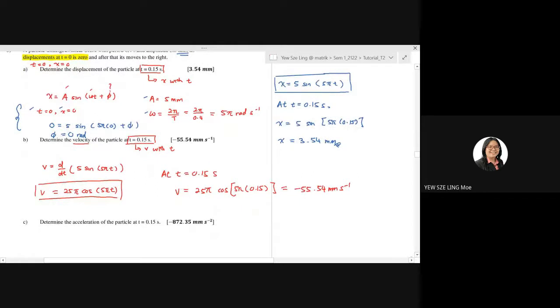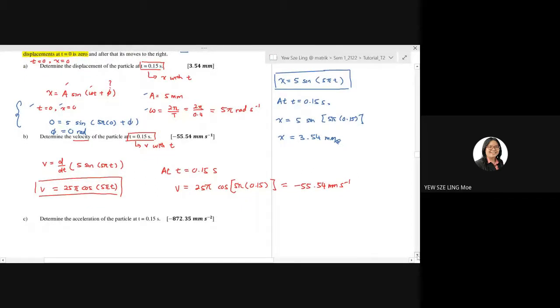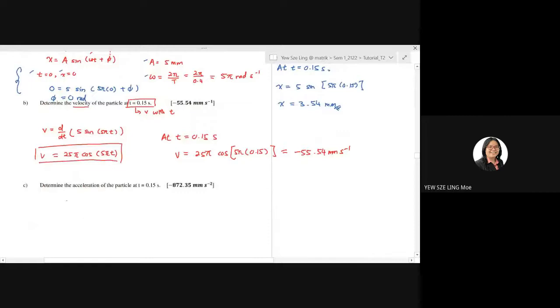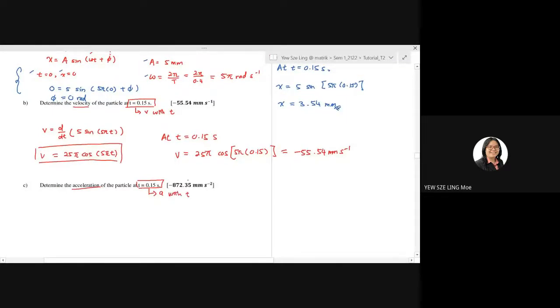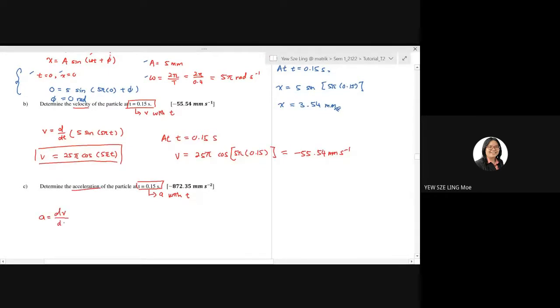Okay, next question. The question asks you to calculate acceleration at time t equals 0.15 second. So again, you are given time. If you are given time, then you need to use A with time. So what are we going to do right now? Well, we don't have the equation, but what we do know is A is equal to dv over dt.